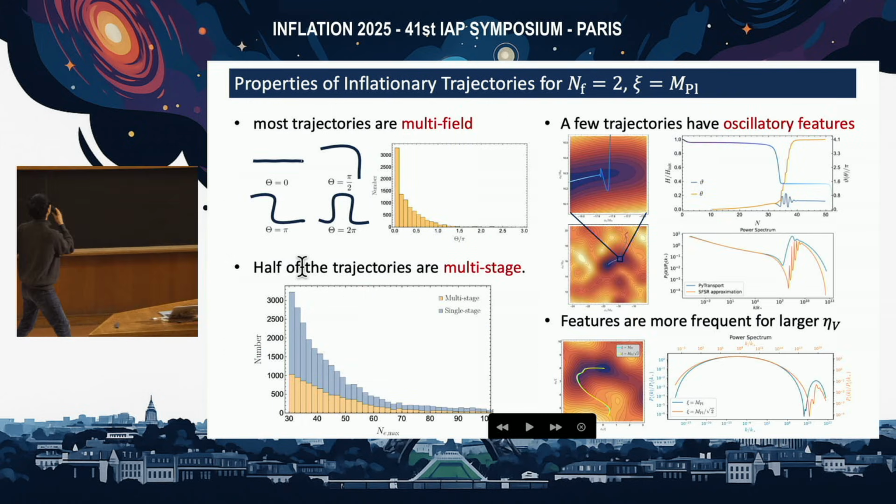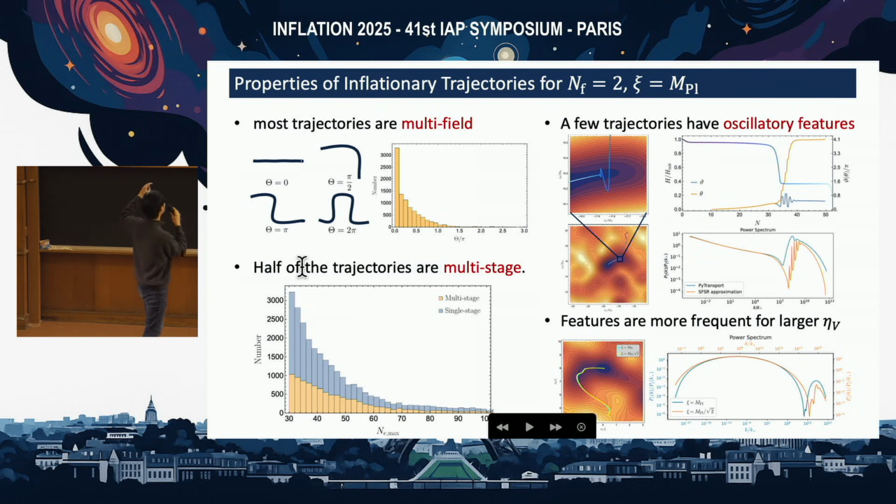Such long-lasting trajectories have many interesting properties. The first is that most trajectories are multi-field, meaning that their trajectories in field space are curves. Secondly, around half of the trajectories are multi-stage, meaning that they have more than one slow-roll phase during the whole history of inflation.